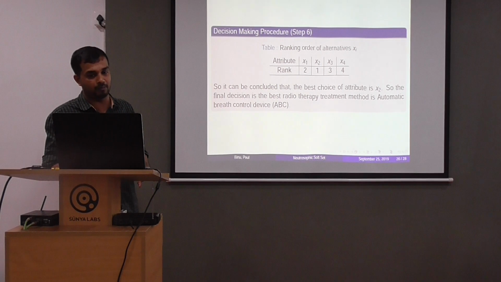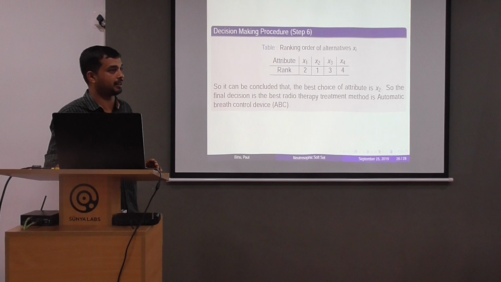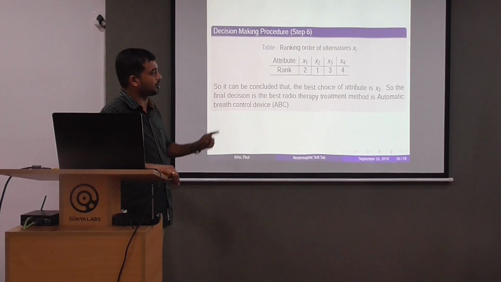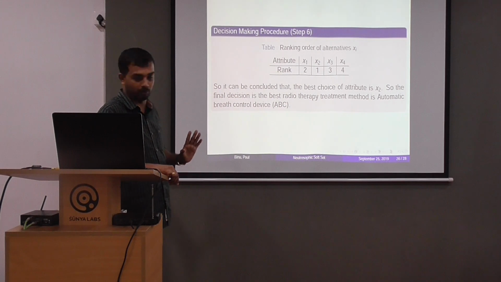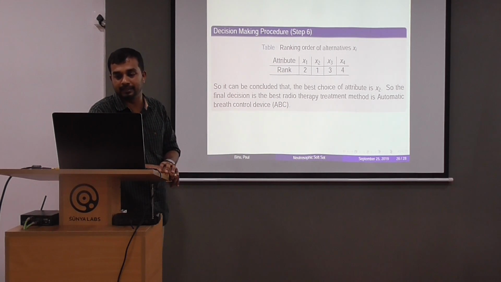Then the decision making procedure in step 5, that is, we identify the ranking order. The ranking order of attributes is x1 is 2, x2 is equal to 1, x3 is equal to 3 and x4 is equal to 4. So it can be concluded that the best choice of attribute is x2. So the final decision is that the best radiotherapy treatment method is the automatic breath control device, or ABC.